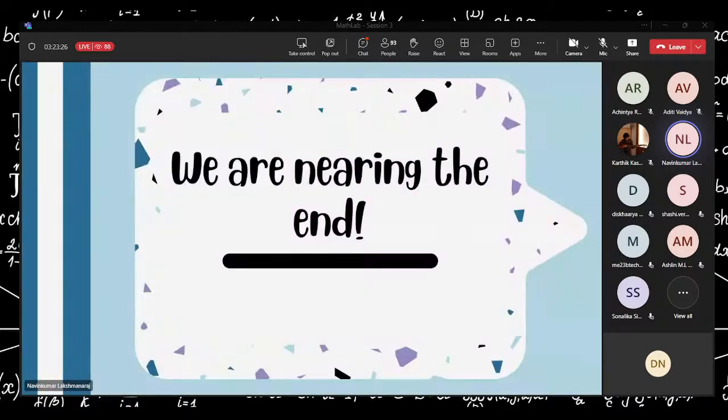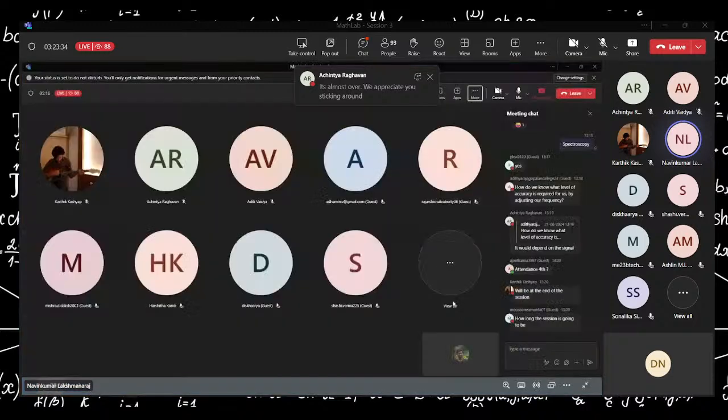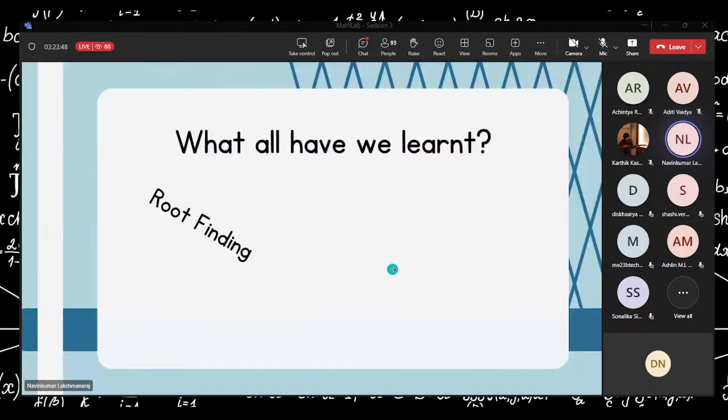Now, you can also type in anything and everything that you remember about the session in the chat, so that it helps each of you recall a bit more. After that, we looked at differential equations, their classifications, and a few analytical methods to solve them. Post which, in session 2, we looked at Euler's method to solve these same equations numerically, and we also looked at some predictor-corrector improvements to those methods.